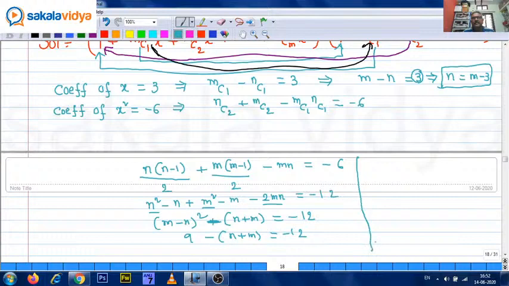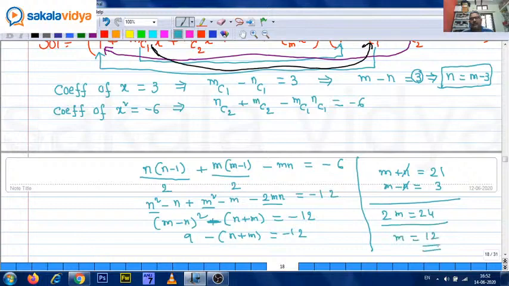So we get m plus n equals, take m plus n that side, 21, because 9 plus 12 is 21, and m minus n is equal to 3. So adding these two equations, n cancelled, 2m is equal to 24, m equals 12. So this is the answer, m is equal to 12.